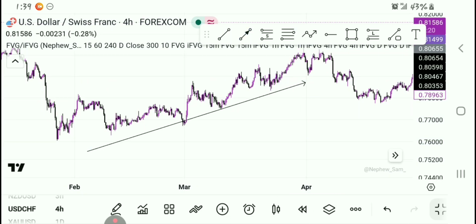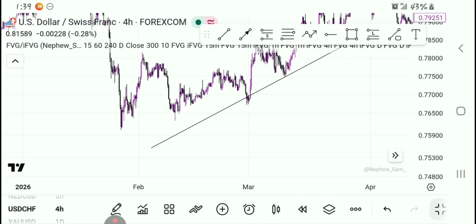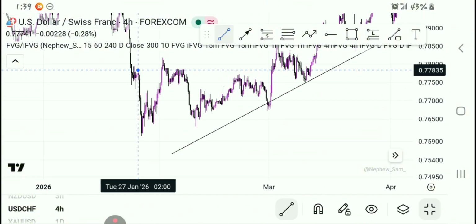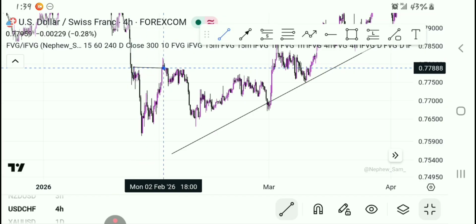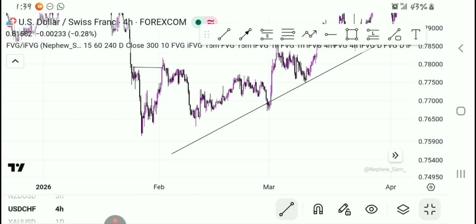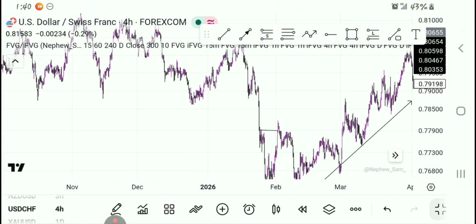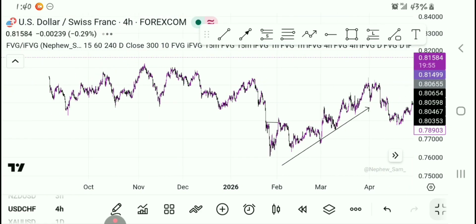So let me mark out the breakout structure. This is it. We broke this place out. This is a breakout structure. No, that's a change of character, because we're in a range and it seems like we're coming down.